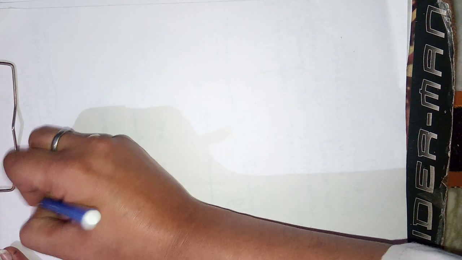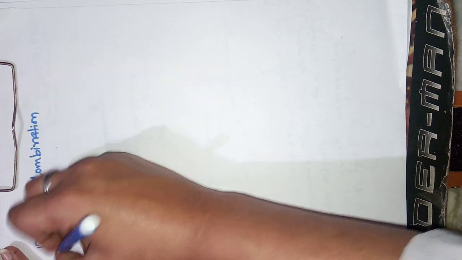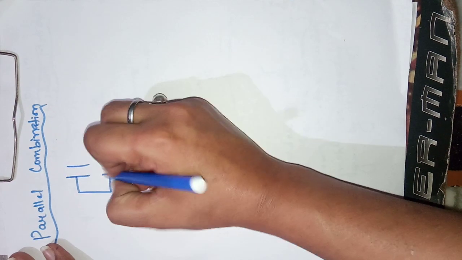Now, moving to the next combination, the parallel combination. What is the parallel combination? A combination in which the capacitors are connected in this way.